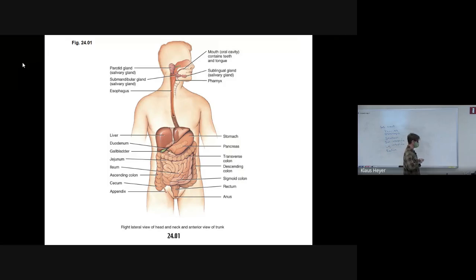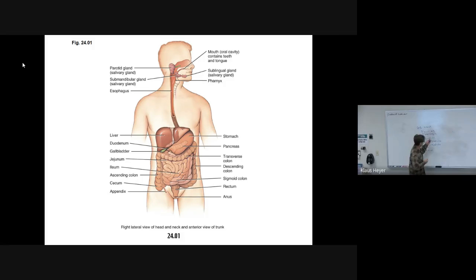But that's a continual tube. It's just shaped different. Like the stomach's shaped different from the large intestine. They've got different things about them, but it's still kind of like the same thing, right? So we call this the gastrointestinal tract.